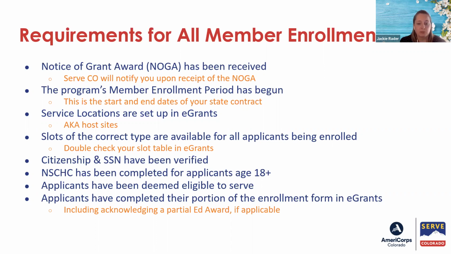Everyone has been deemed eligible to serve, and they have completed their portion of the enrollment form in eGrants, which may include acknowledging a partial education award for those members that are towards the end of the max for their service. If all of this is very new to you, don't worry, we're going to go over it in stages, and you'll hear these things again over the next grouping of slides.